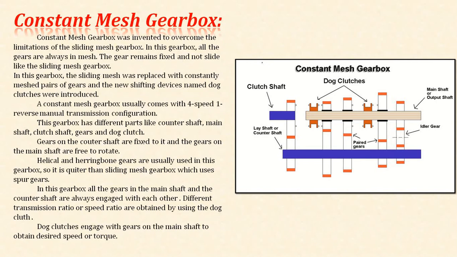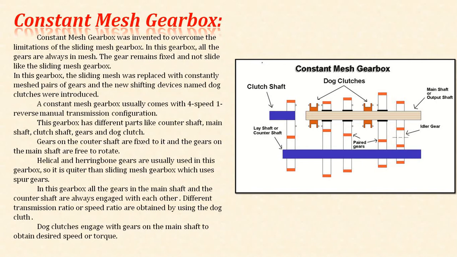The gears on the counter shaft are fixed to it, and the gears on the main shaft are free to rotate. Helical and herringbone gears are usually used in this gearbox, so it is quieter than the sliding mesh gearbox, which uses spur gears.